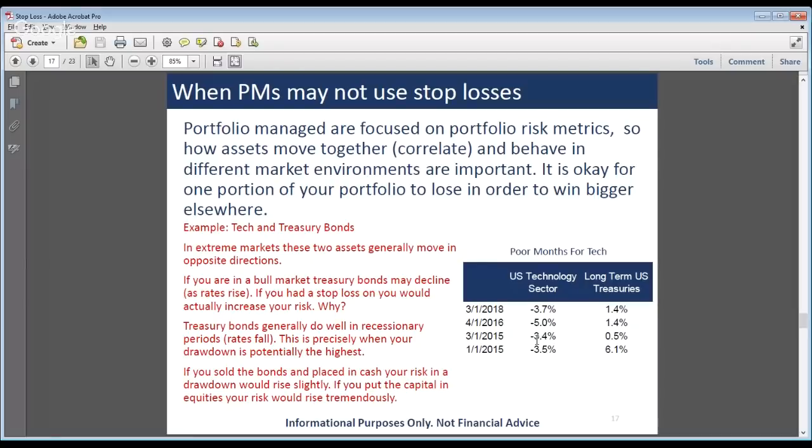Your downside risk is actually the highest because stocks have much higher volatility than bonds. So you really want to have those treasuries in your portfolio to protect you against that drawdown. But if you stopped them out before and they're gone, you don't have that cushion. So your risk is much higher, your drawdown is much higher. Again, it's very important to keep in mind: you have to think about the entire portfolio.